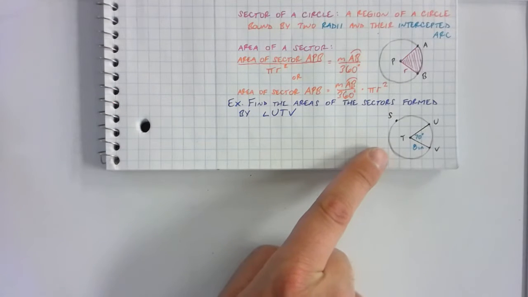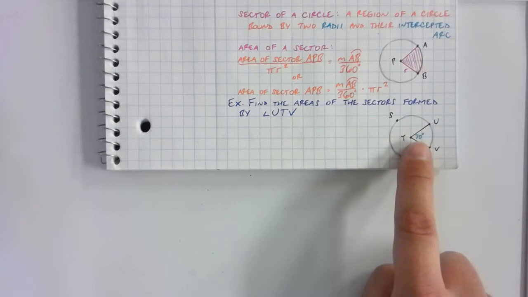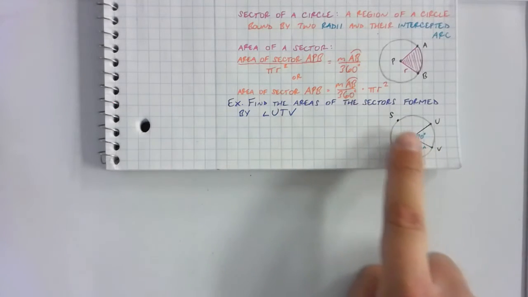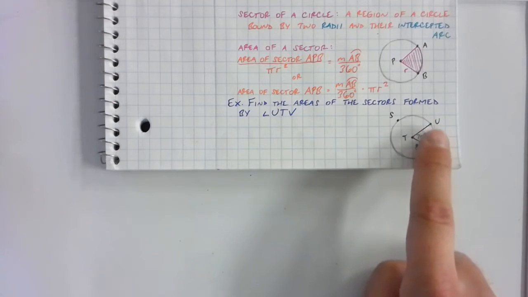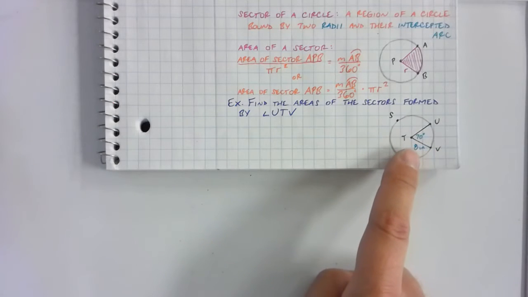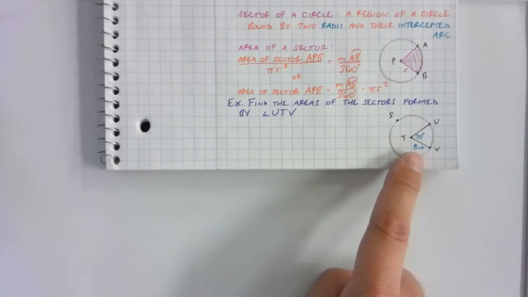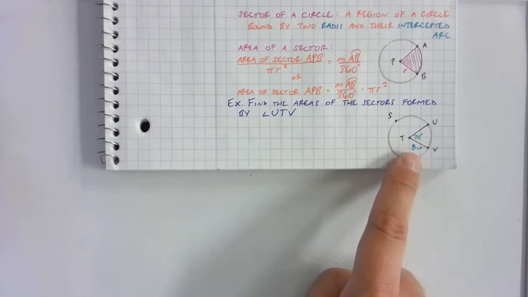In this diagram, it's a little small, but we see the central angle here is 70 degrees. That translates to the arc measurement here for arc UV. That tells me the portion of the 360-degree circle that it is. And the other piece of information I'm given here is the distance from T to V, the center of the circle T to the outer edge V. So 8 inches here is the radius of this circle.